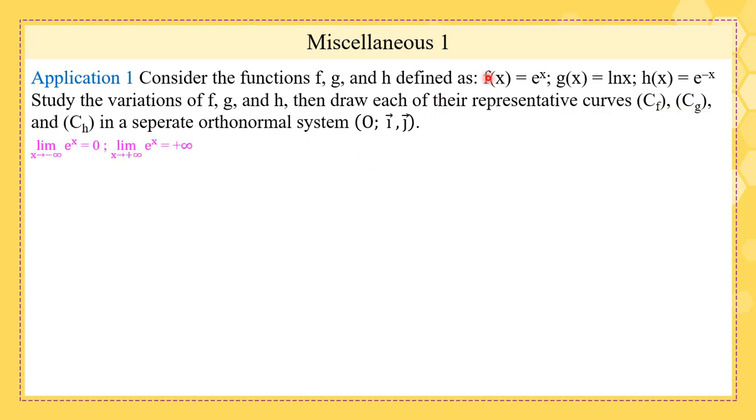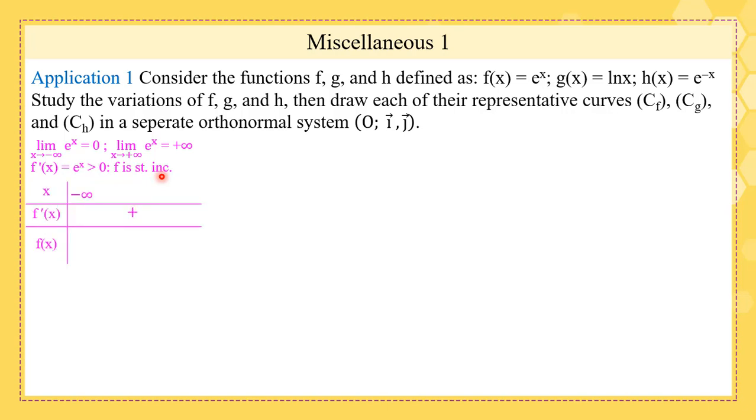Now for the first function, which is f, the limit at minus infinity is 0 and the limit at plus infinity is plus infinity, and in fact this was memorized by heart. Well, f prime of x is e to the power x. This is positive, so we can tell from here that f is strictly increasing, and this would be the table.